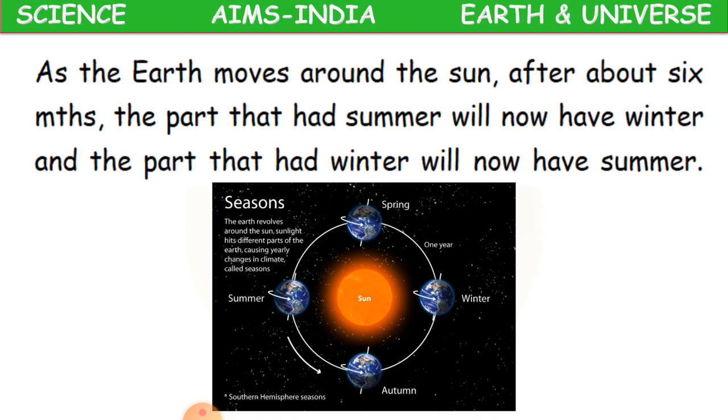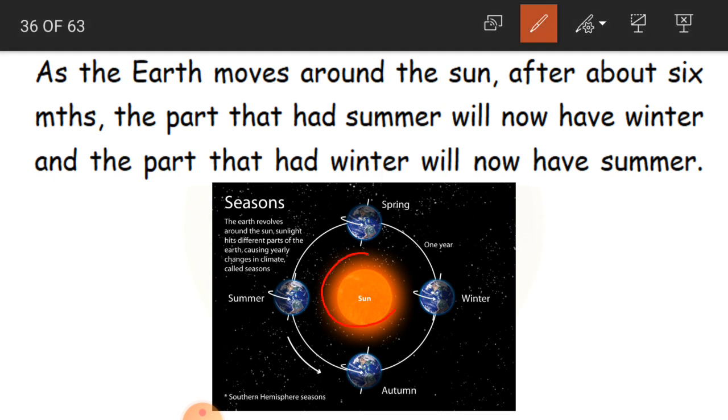Now, as the earth moves around the sun, after about 6 months, the part that had summer will now have winter, and the part that had winter will now have summer. So what happens is, as we said, the total time to complete one revolution for the earth around the sun takes about 12 months.